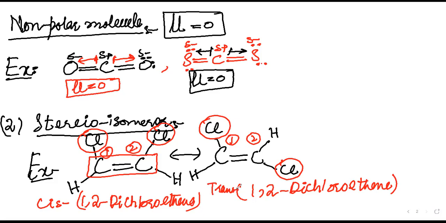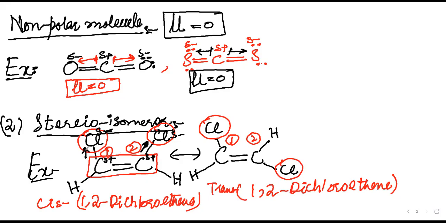Here, how does dipole moment help recognize cis and trans? Chlorine has partial negative charge and carbon has partial positive charge due to high electronegativity.